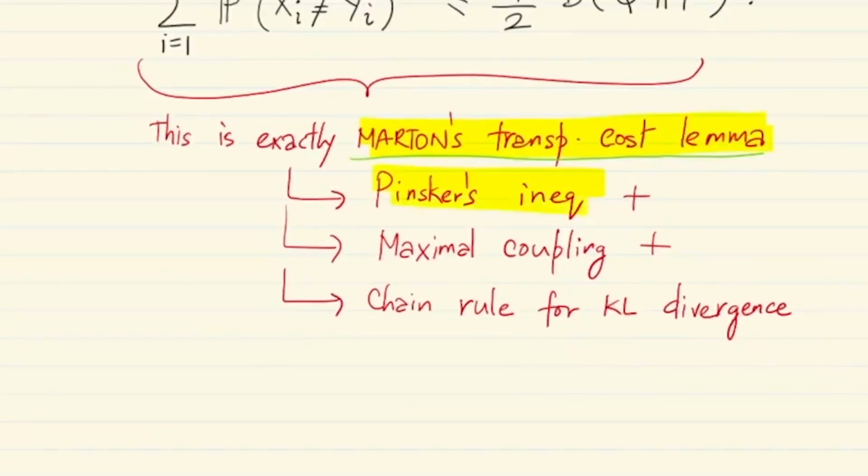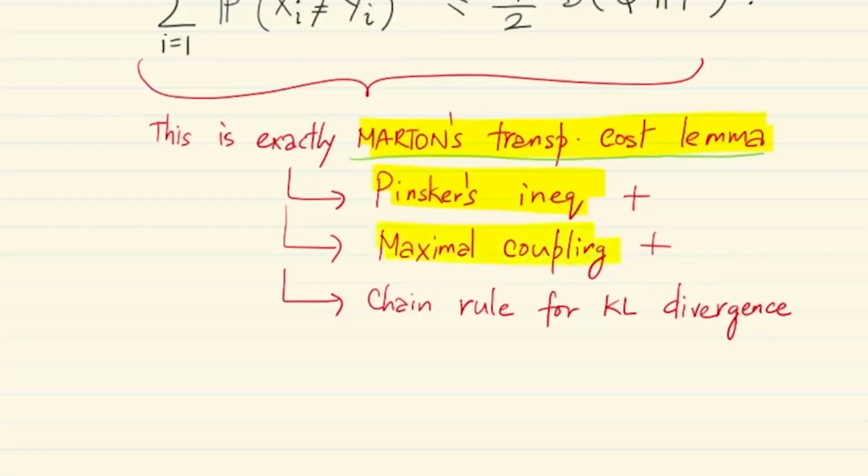In the n equal to 1 case, it says that the probability of X_1 not equal to Y_1 should be at most the square root of half the KL divergence between the distributions of X and Y. And this is exactly the famous Pinsker's inequality, which was proved using the notion of a maximal coupling.